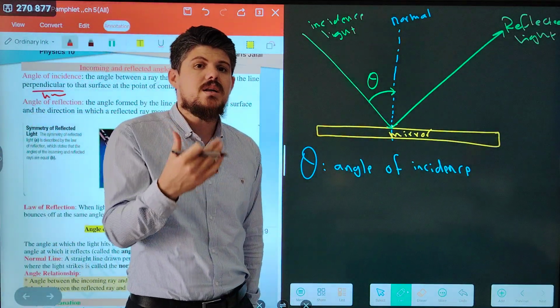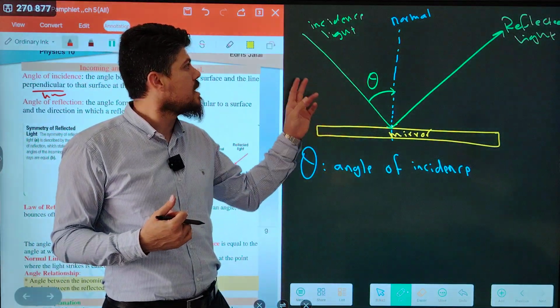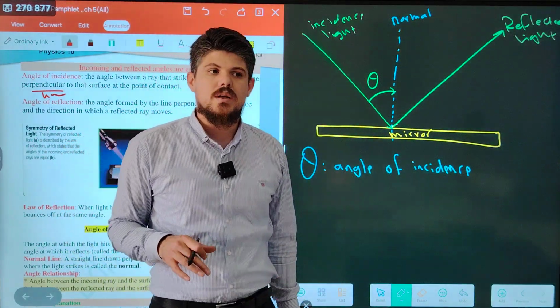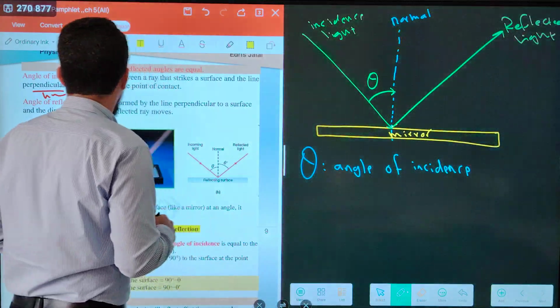So you can define the angle of incidence in very simple terms: it is the angle between incoming light and the normal. What is the angle of incidence? It is the angle between incidence light and the normal.